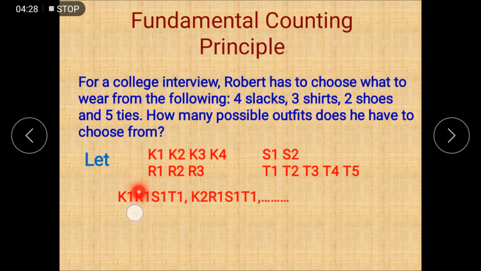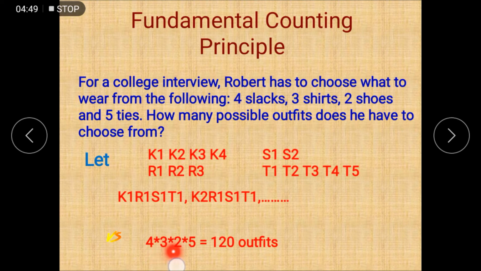Or maybe he chooses to wear slack number 2 and the rest is number 1. If we keep on counting, we can list down all the possibilities. Or we just do it like this: 4 outcomes for the slacks, 3 for the shirts, 2 for the shoes, and 5 for the ties.